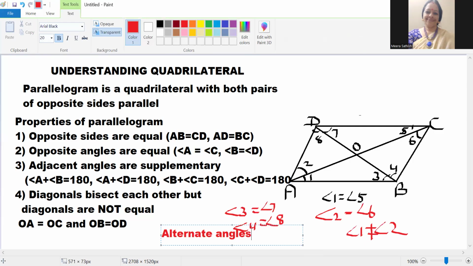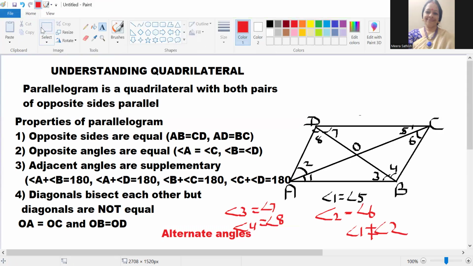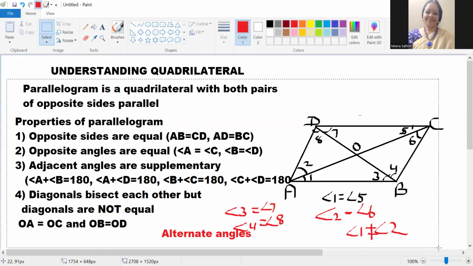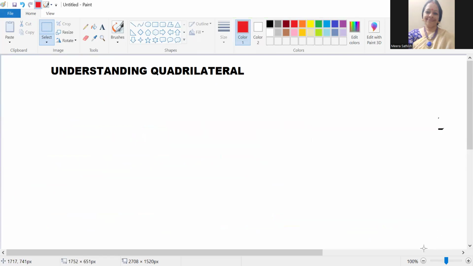Next is rhombus. Rhombus is nothing but in a parallelogram, if all sides are equal, we call it a rhombus.